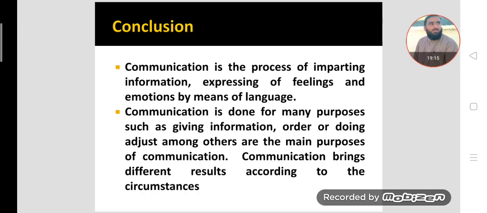We are human beings, we are facing different situations. So how we behave in different situations, how we deal with different situations, is by means of communication.